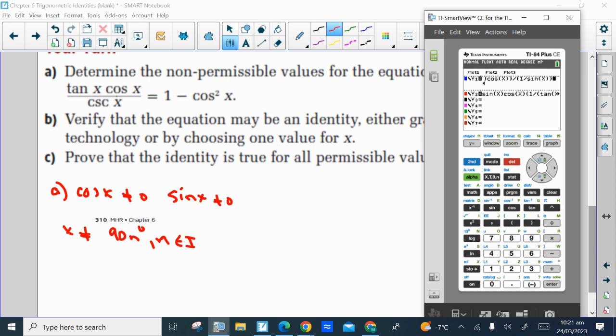And I had one too many brackets there. And that should equal the right side, which is 1 minus cos squared x. So 1 minus, in brackets, the cosine of x all squared.